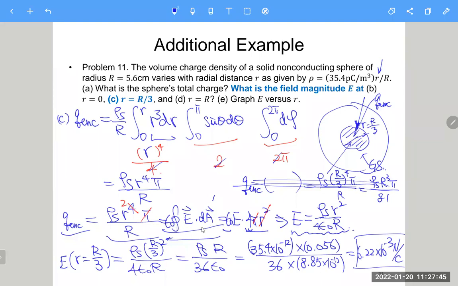For the net flux, we assume the E field is uniform over this Gaussian surface, so the double integration becomes E times the surface area. Finally, we can get the closed form expression for the E field when r is a variable. And finally, we plug in small r to be capital R over 3 into this expression to find the specific solution to this question.